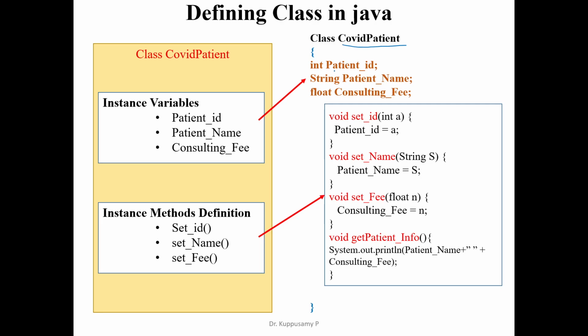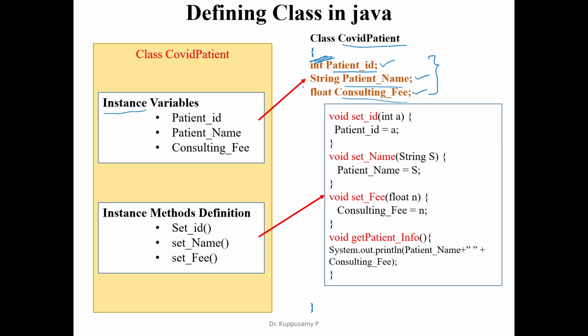These are the variables: patient_ID, patient_name, consulting_fee. These are object variables defined inside the class, so they are called instance variables.